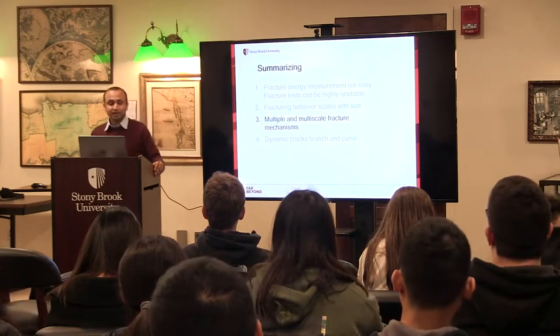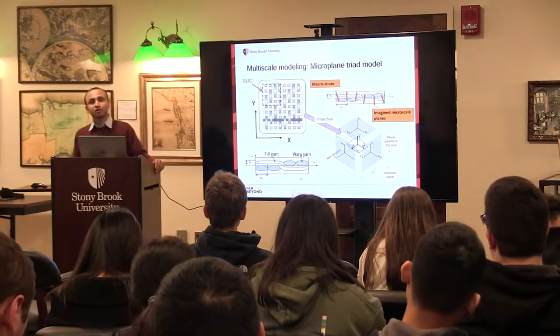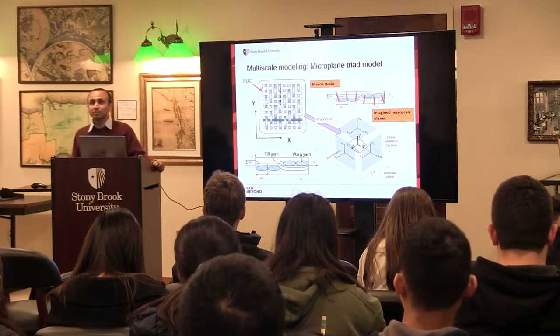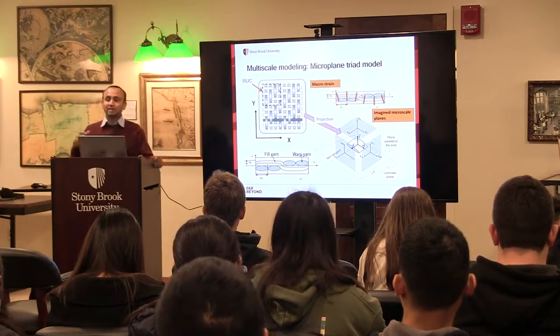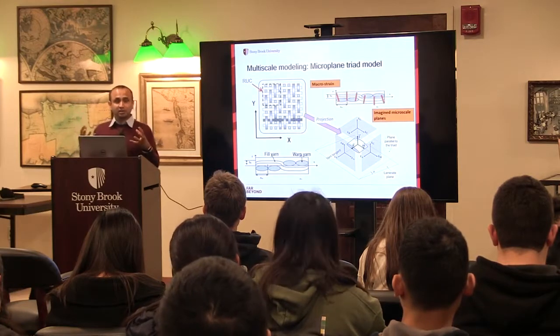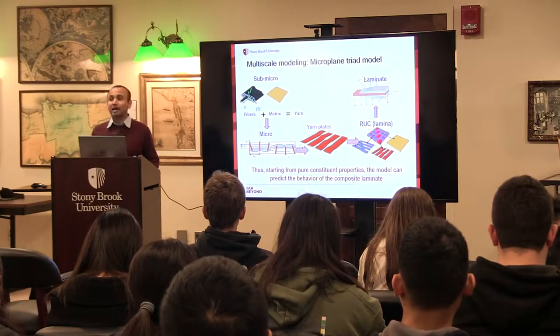Thirdly, there are these multiple mechanisms of failure. One approach to overcome this is called multiscale modeling. And what this approach involves is that you have to explicitly account for the different length scales this material has. So to give an example, a composite has a lot of length scales.